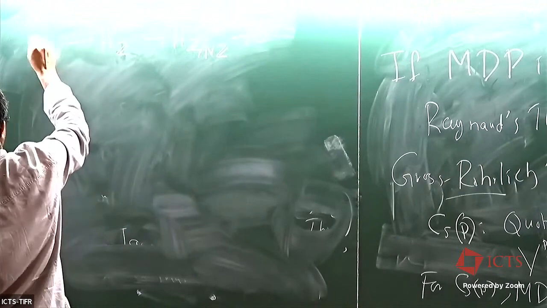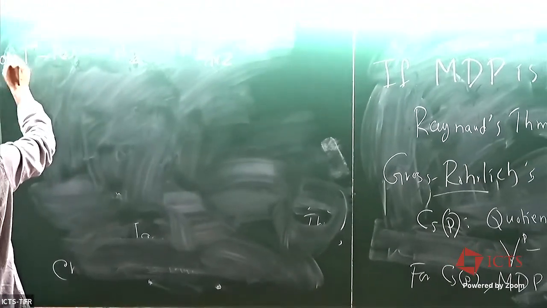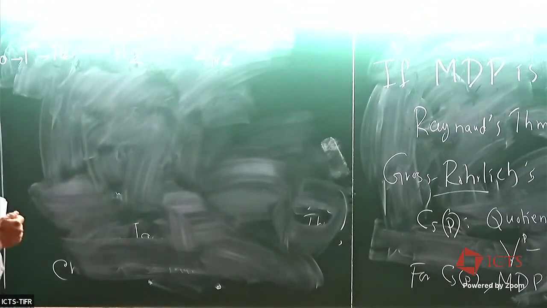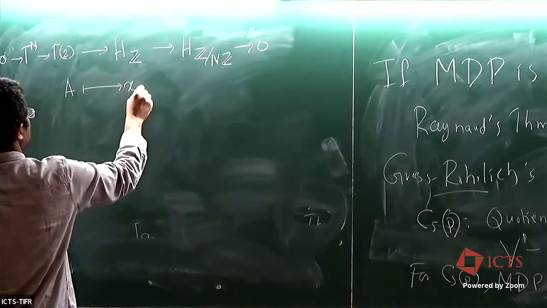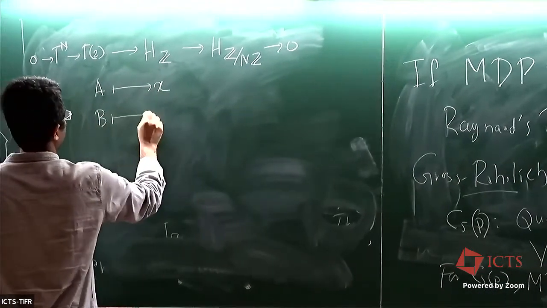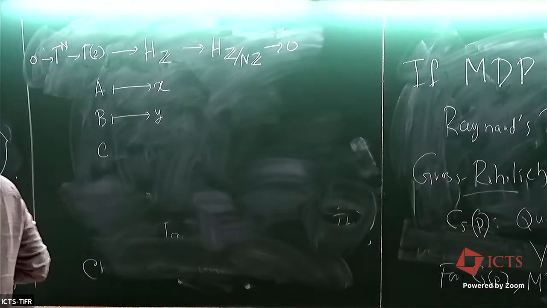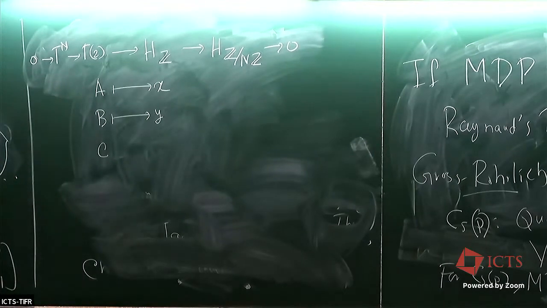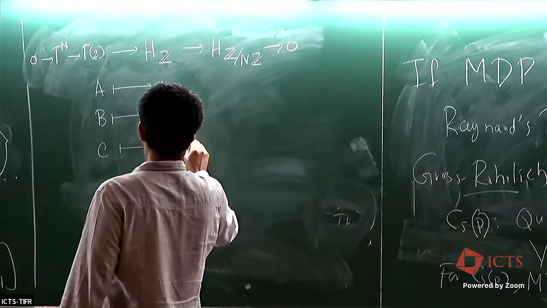I have this gamma 2, and I prefer to call it gamma n. And this map is A, X, Y and C. Yeah, C is this map. I should have defined it. C goes to X, Y, X inverse, Y inverse.